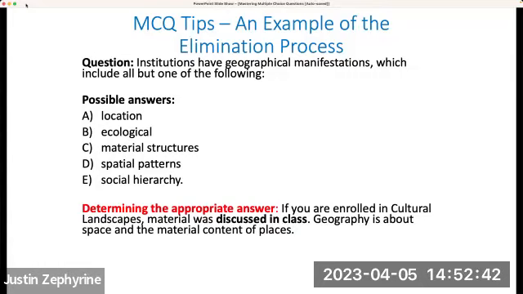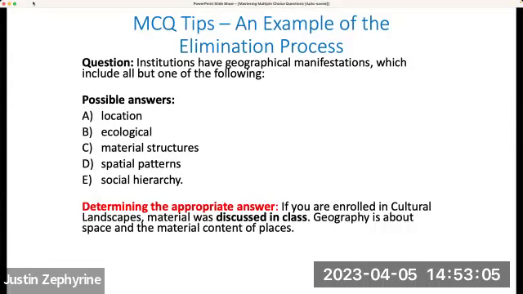Could it be A, location, B, ecological, C, material structures, D, spatial patterns, E, social hierarchy? This one is a little more complex. I need at least one person to take a guess. Just think of it like this. Oh, I think we have Mitzi said E.